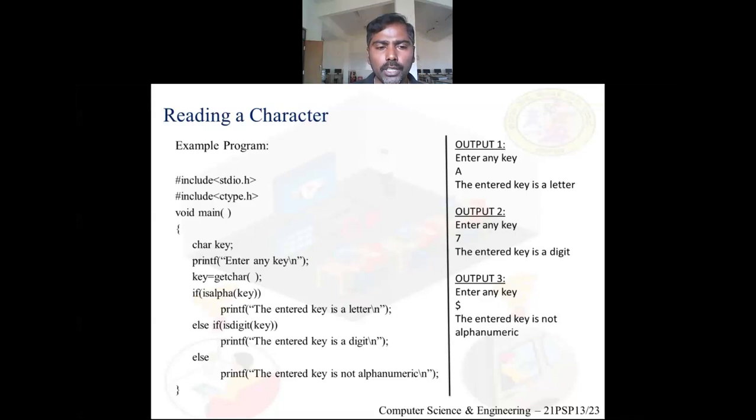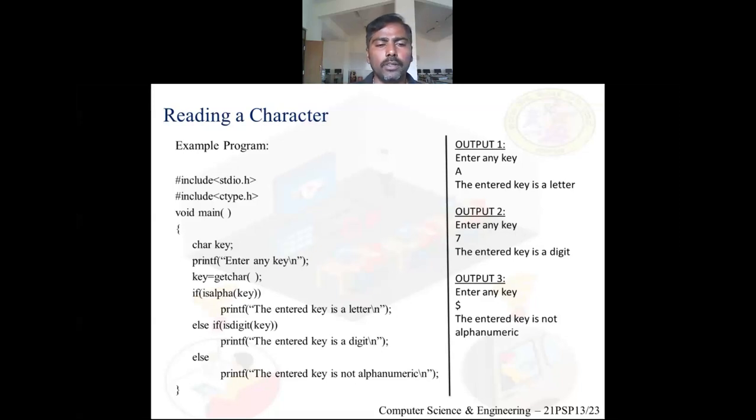Suppose you have not entered an alphabet, let me say you entered a digit. Then the first if condition fails, so it goes to the else part. In else, I am going to check whether the character stored in the memory location identified by key is a digit or not.